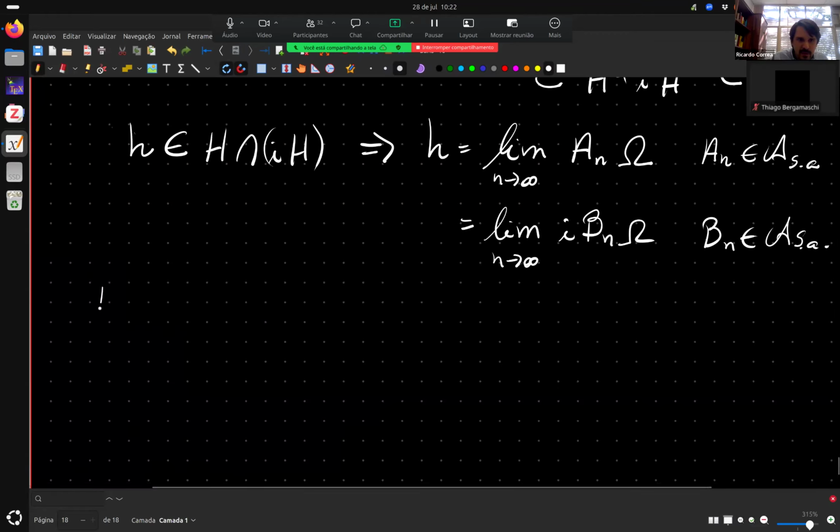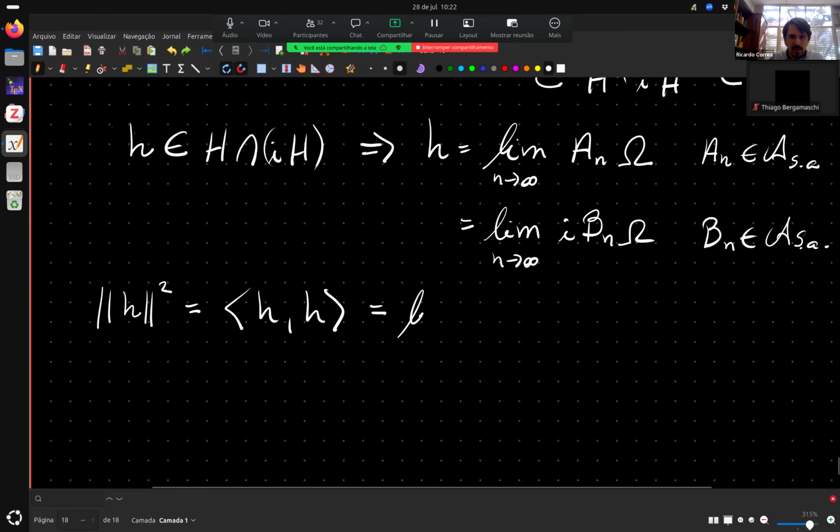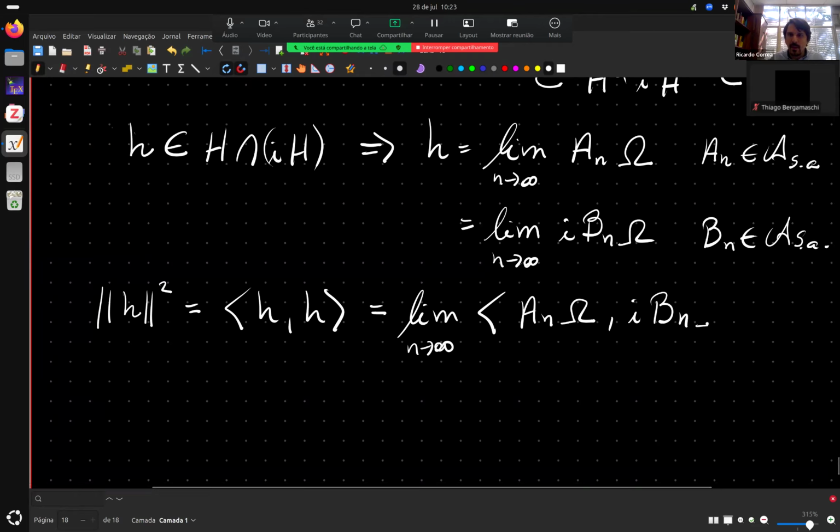And let's see if I can generate a problem with that by calculating the norm squared of H. So that should be the inner product of H with H. And then I will write that as the limit, using joint continuity, when n goes to infinity of the inner product of A_n Omega with i B_n Omega.